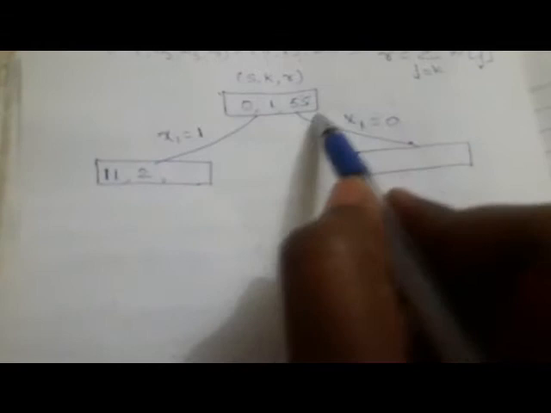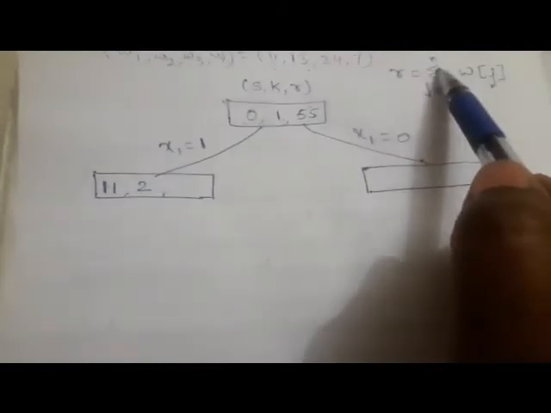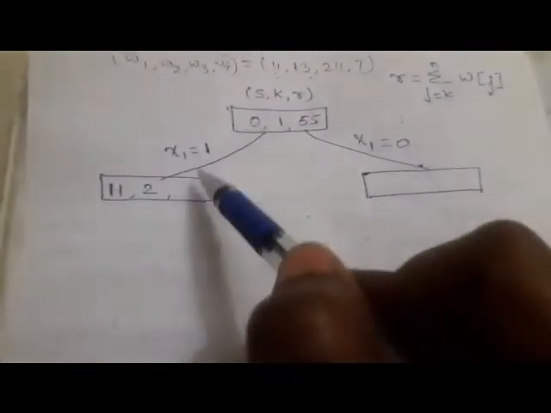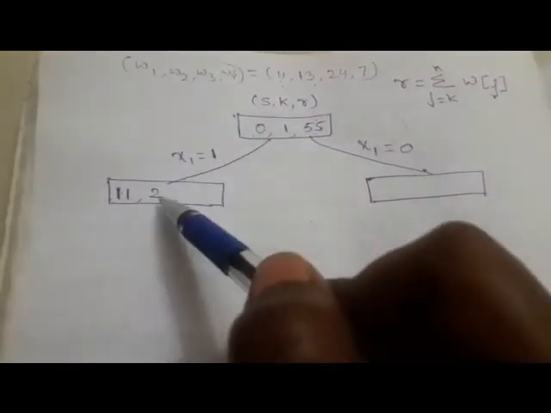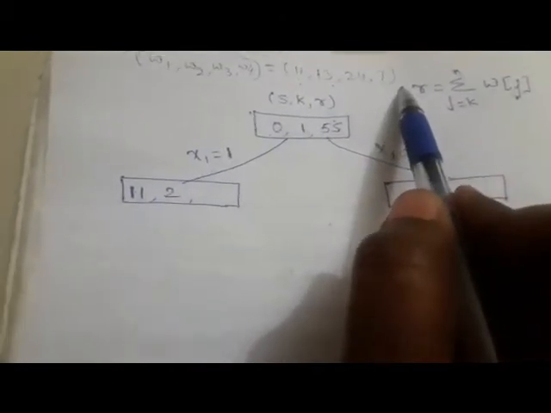Now the value of r is the summation of j from k up to n, and since k is 2, it is 13 plus 24 plus 7. So its total will be 44.